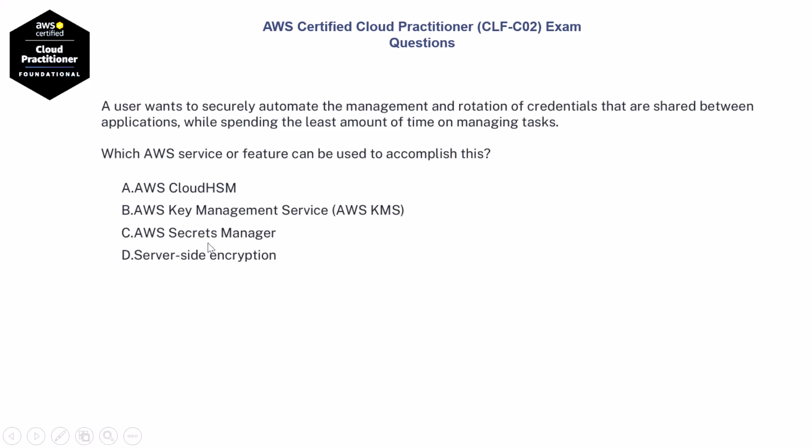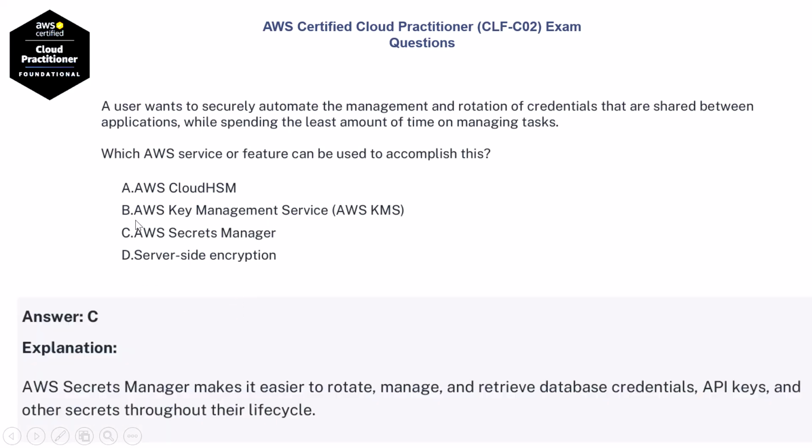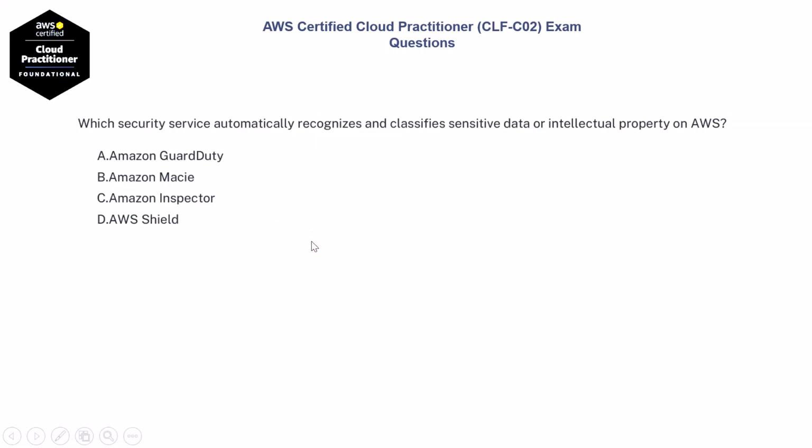Option C, AWS Secrets Manager. Option D, Server-Side Encryption. The right answer is option C, AWS Secrets Manager. AWS Secrets Manager makes it easier to rotate, manage and retrieve database credentials, API keys and other secrets throughout their lifecycle. Let's move on to the next one.